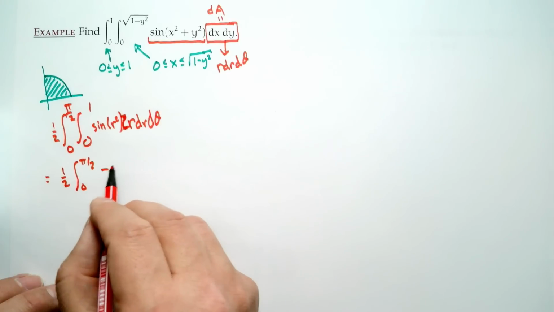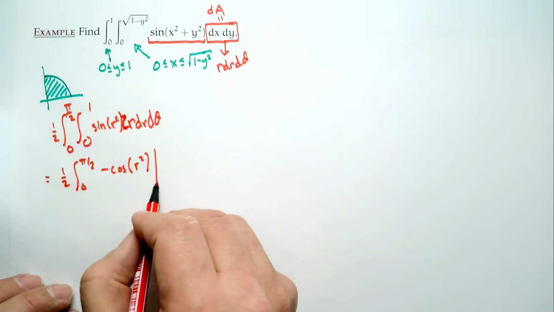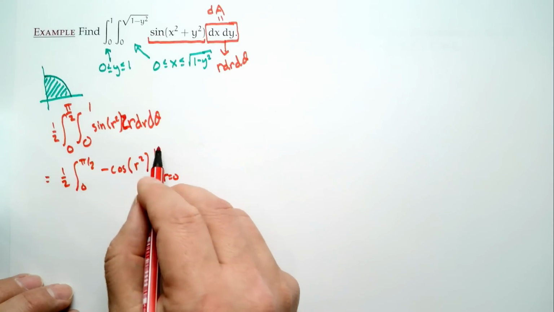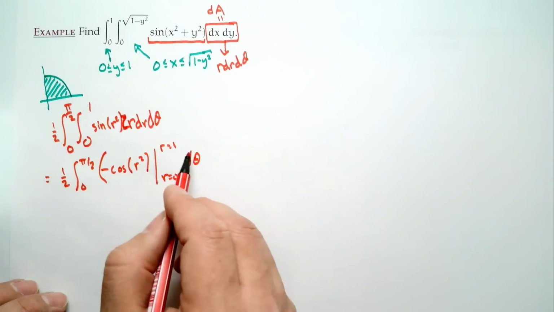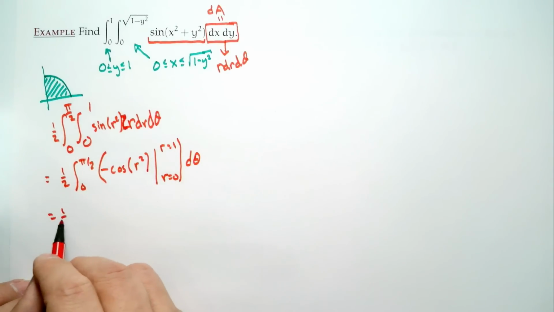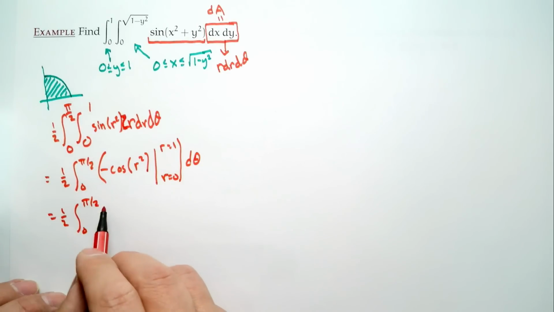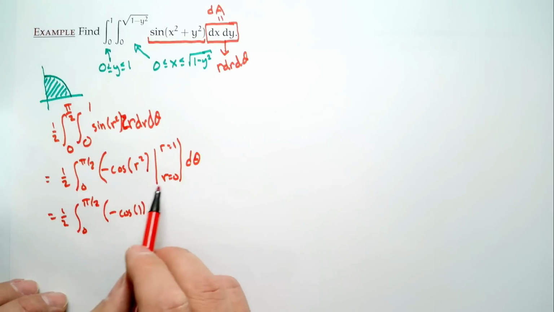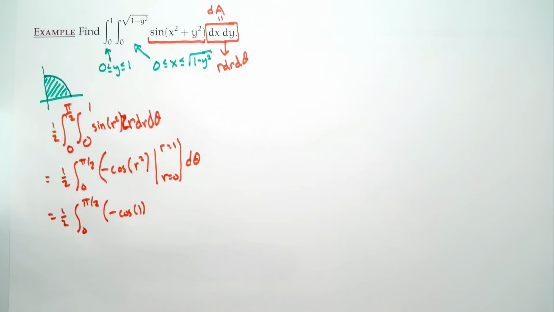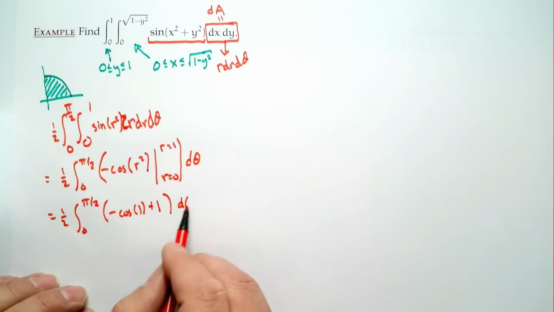Yeah, negative cosine of r squared, evaluated from r equals 0 to r equals 1, d theta. So we have 1/2, and we still have this integral floating along. That'll become minus cosine of 1. Plug in 0, you get cosine of 0. What is cosine of 0? It's 1. So minus 1 makes plus 1 d theta.